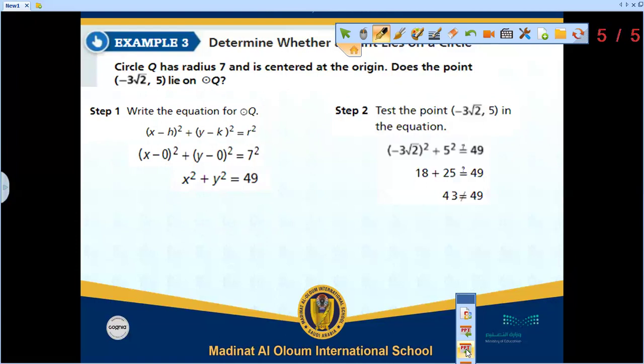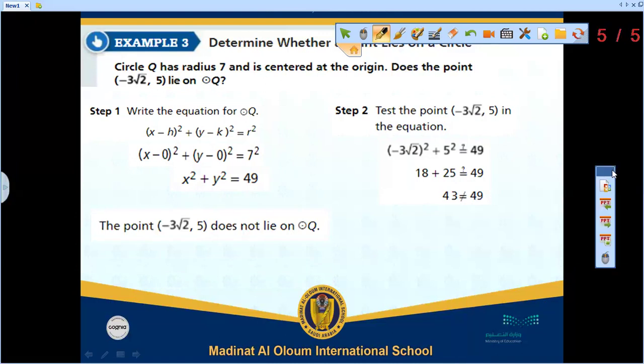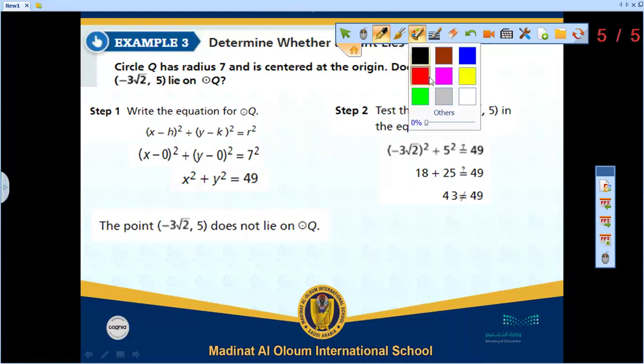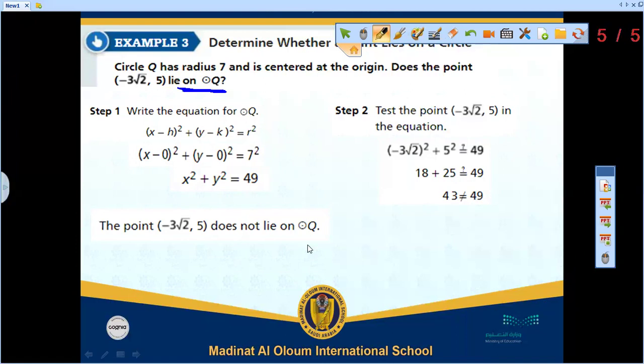It's 43, less than 49, so it's inside circle. It means it's not on circle. If it's equal to 49, it would be on circle. Now my question, you said check whether this one lies on circle or not? It does not lie on circle. Where does this one lie? It's inside circle because it's less than 49.